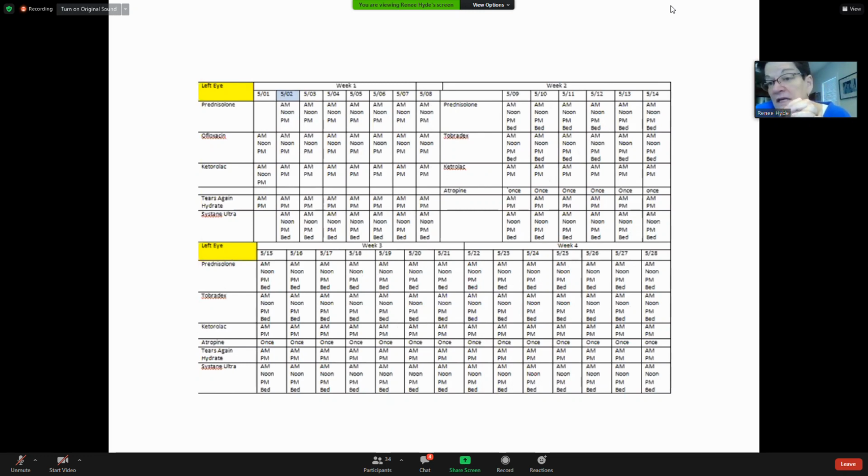And they did a pressure test. My intraocular pressure was 57. Normal, guys, is 10 to 21.